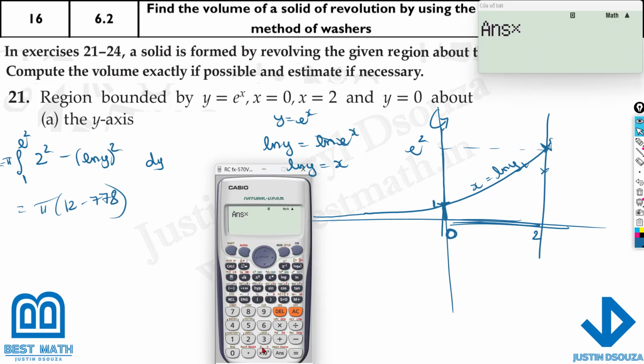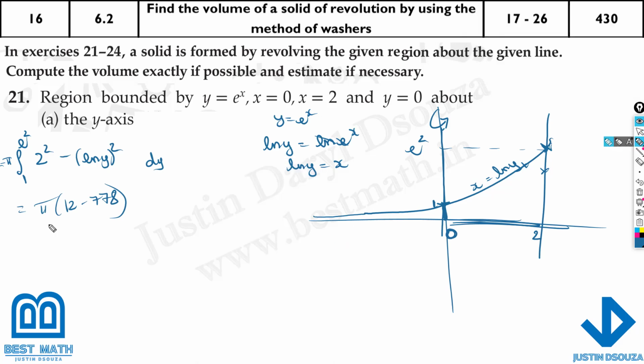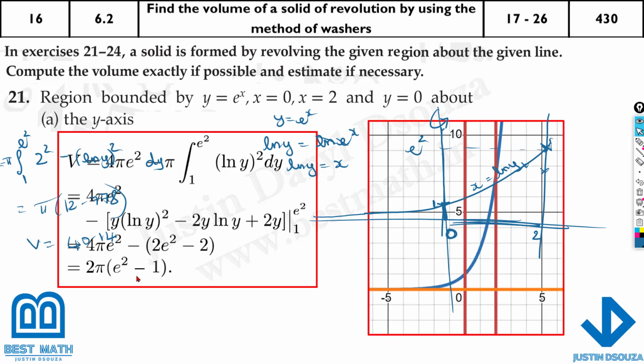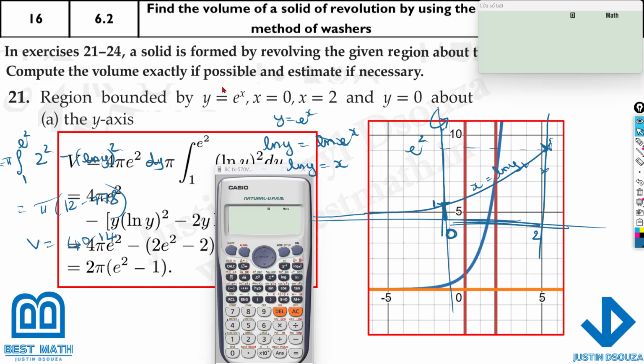This answer itself, you can just multiply by pi, using shift and this symbol here. It's 40.14. That is the volume. V is equal to 40.14. Now you can check the values. Let's solve this and check. It should be 2 pi, e squared minus 1, close the bracket. It is 40.14 itself. Yeah, that's the correct answer.